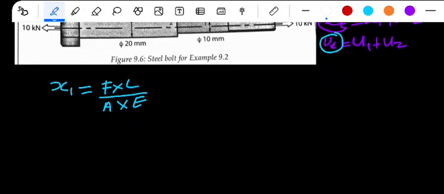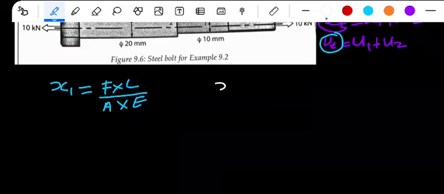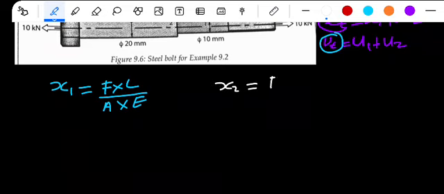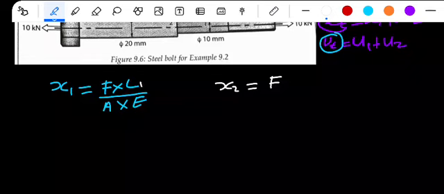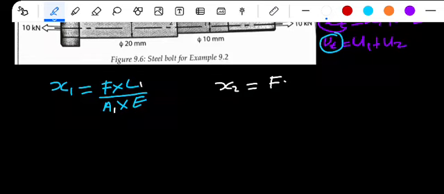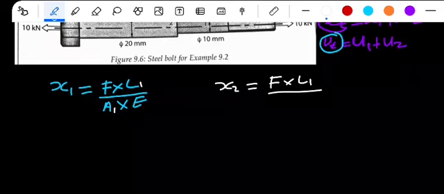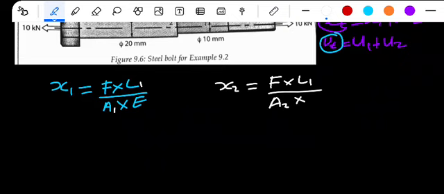Also, extension 2 is the same formula: force, length 2, divided by area 2, multiplied by Young's modulus of elasticity. Since it's made up of the same material, they will have the same Young's modulus of elasticity.